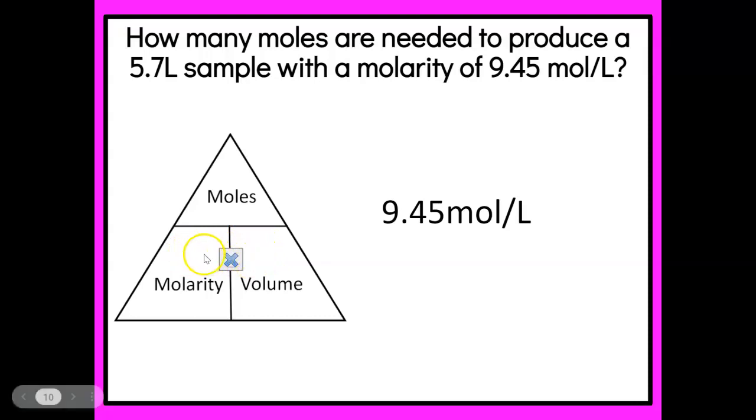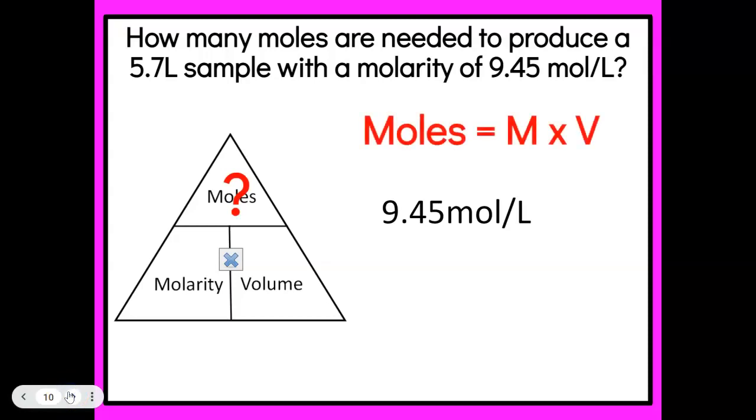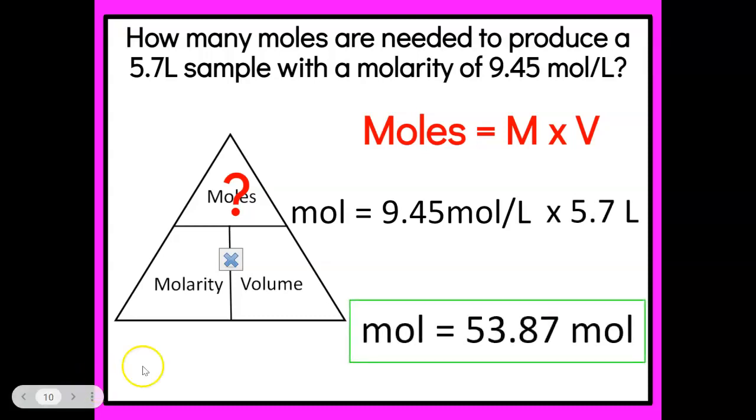Because they're next to each other in the triangle, we are going to multiply. So our moles are going to be equal to our molarity times our volume. So it's 9.5 times 5.7 liters. If we plug that into a calculator, that will give us 53.87 moles. Okay, so that is how to solve that problem.